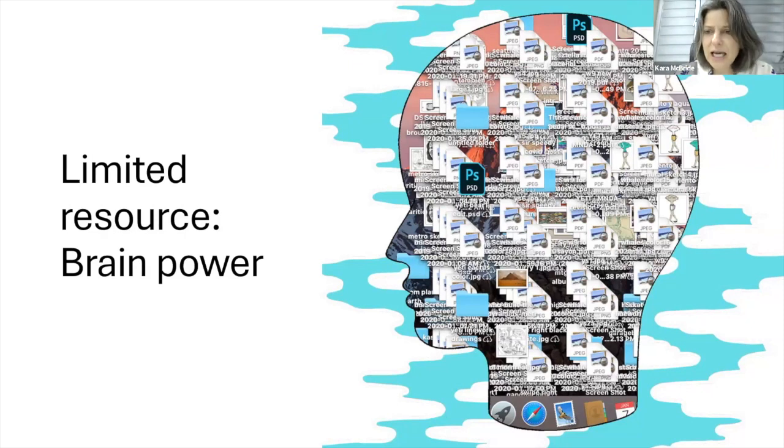Research has established that you can really only focus on one thing at a time. And so if you think you're multitasking, what you're actually doing is focusing for a second on this, then focusing for a second on this, and so when you're focusing on this, you're not focusing on the other things.